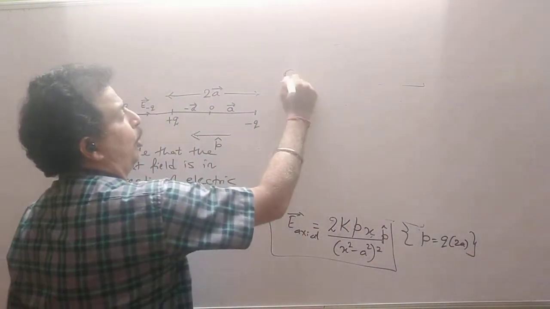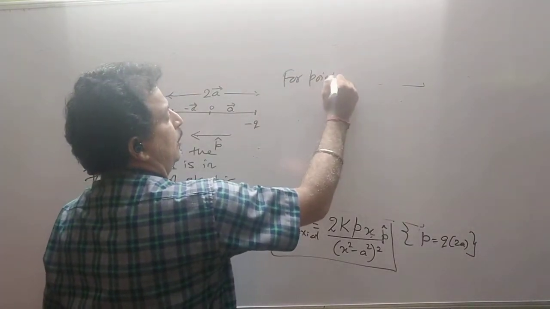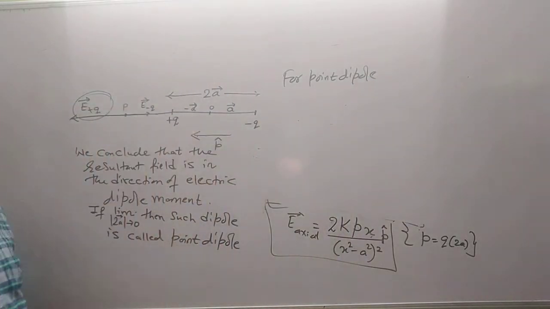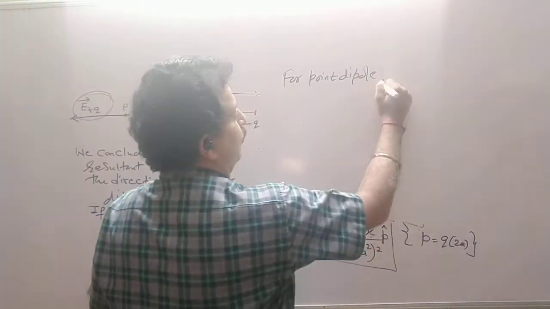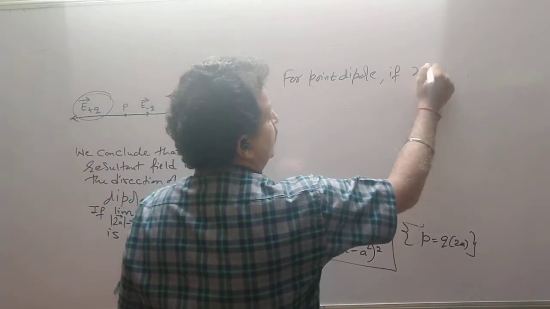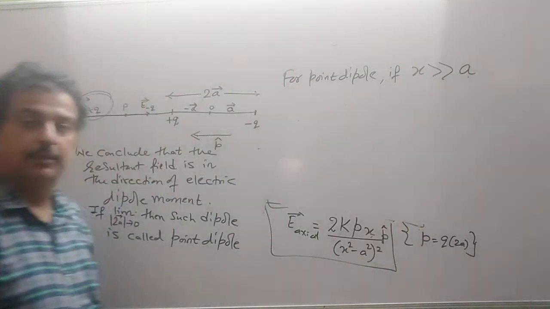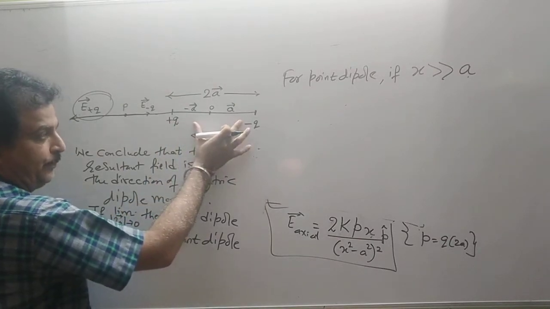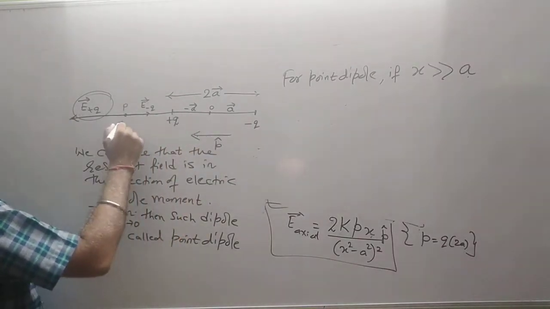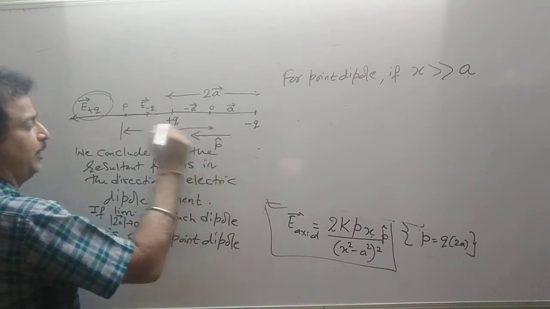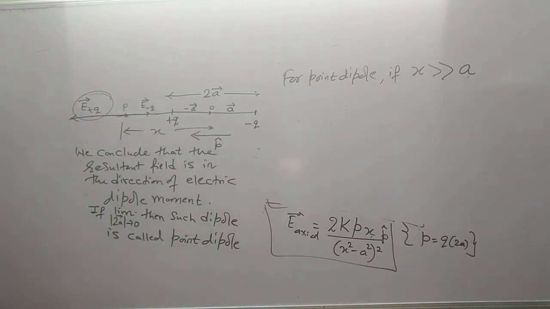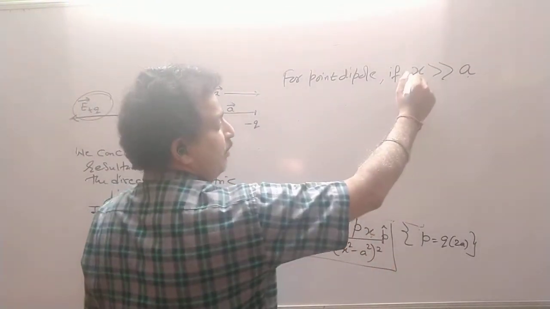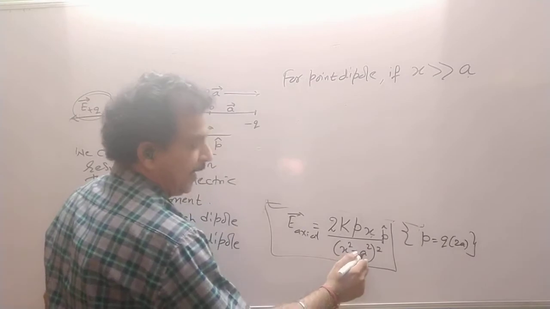Now for a point dipole, what does a point dipole mean? A point dipole means this distance is very small. So for a point dipole, if x is much greater than a, now this is a condition, this distance is very small and our point distance was taken as x from the midpoint, so this point is lying at a far distance. From this equation, because x is very large, I neglect a square.